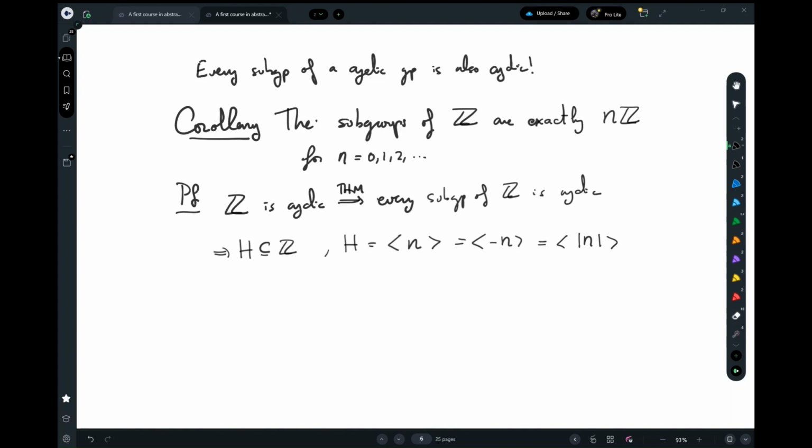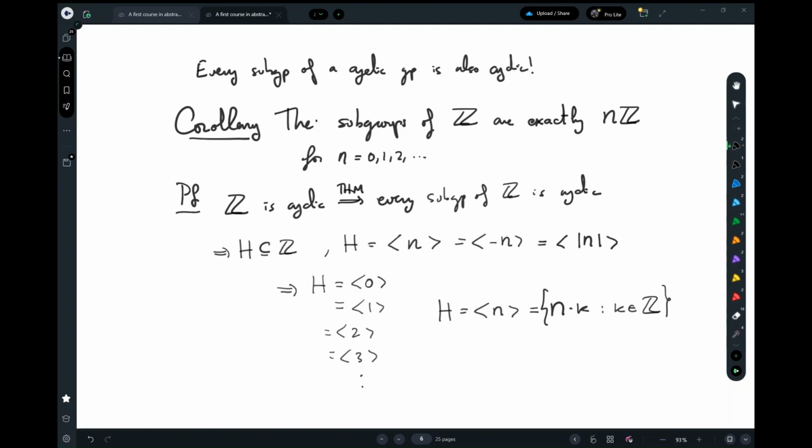So I can just take non-negative integers, and therefore, well, H is either generated by 0, or it is generated by 1, or it is generated by 2, or by 3, etc. And each one of those is just one of these, and those are precisely numbers n times k, with k another integer.